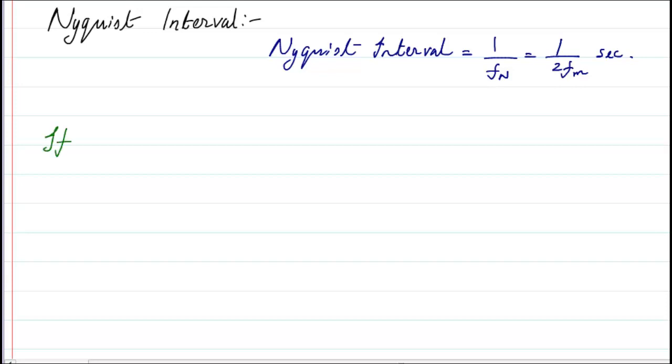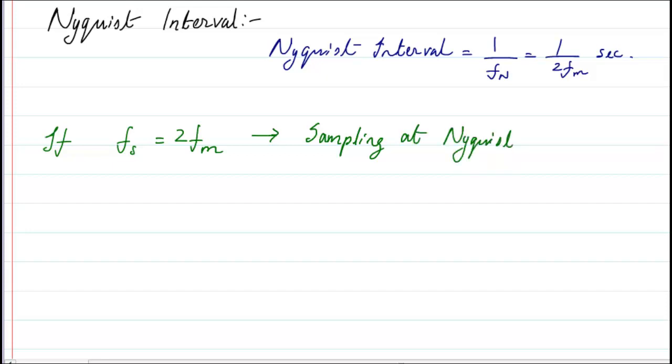If your sampling rate is equal to twice Fm, then I will call it sampling at Nyquist rate. Why I am telling these terms is because whenever you read materials, you will come across them. So when we say sampling at Nyquist rate, it means we are sampling at 2 Fm frequency.